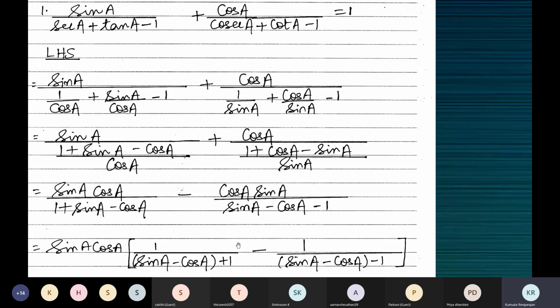A square minus B square, minus because it's in the identity, minus B square, 1 square, which is 1. So that is the common denominator.